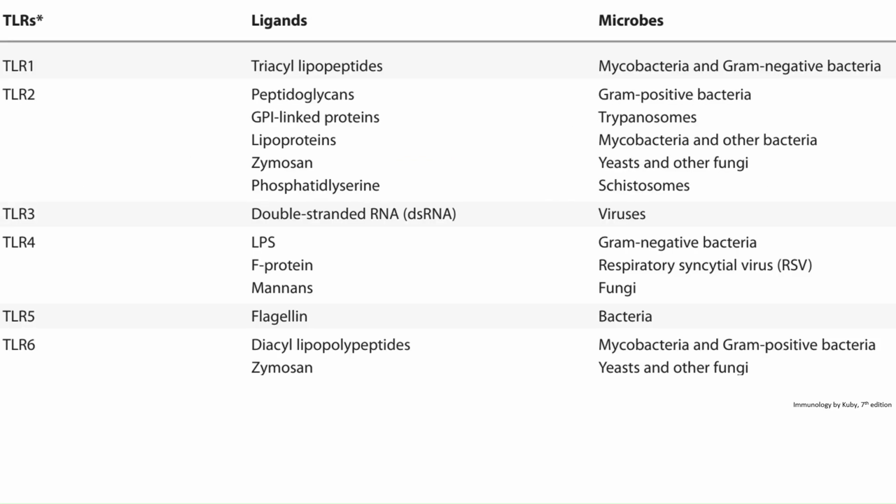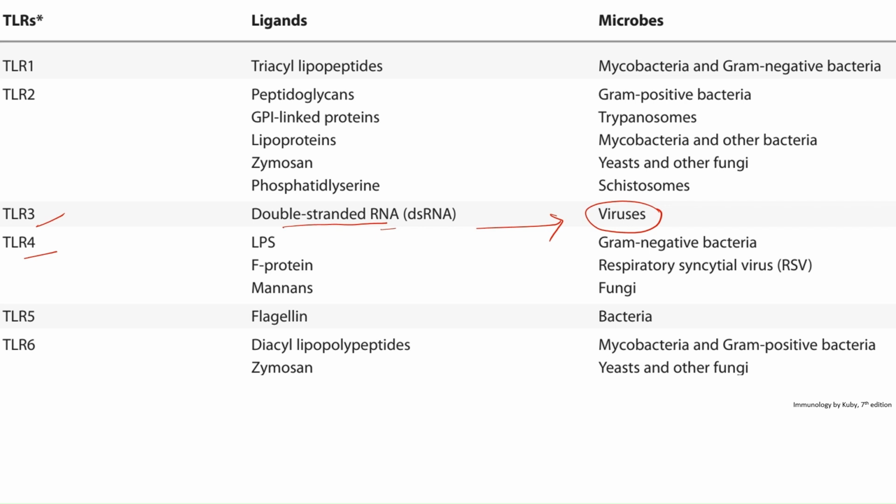Now this table is giving you the list of different types of TLR which are present in our immune cells, what ligands they recognize and where these ligands are found. Say for example TLR 3. It recognizes double-stranded RNA which is found in virus.